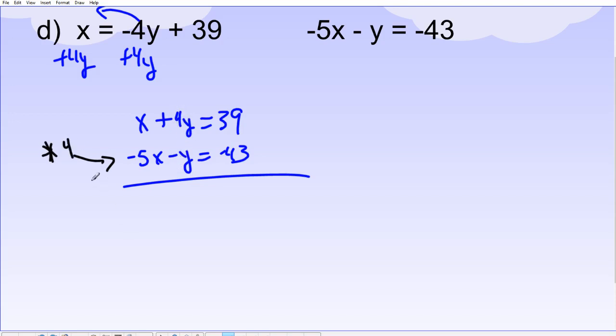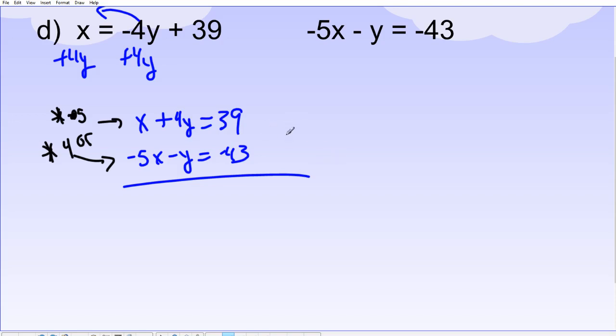They would eliminate. Or I could multiply the top guy by positive 5, because if this is a positive 5x and this is a negative 5x, my x's would cancel. Choices. You can do either one. It doesn't really make much of a difference.